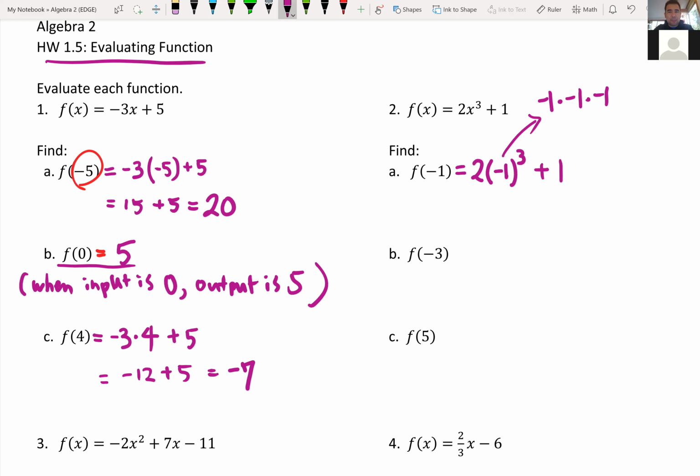So it is 2 times -1 plus 1, which is -2 plus 1, which is -1. All right. Does that make sense? Why don't you try the next one? How about f of -3?